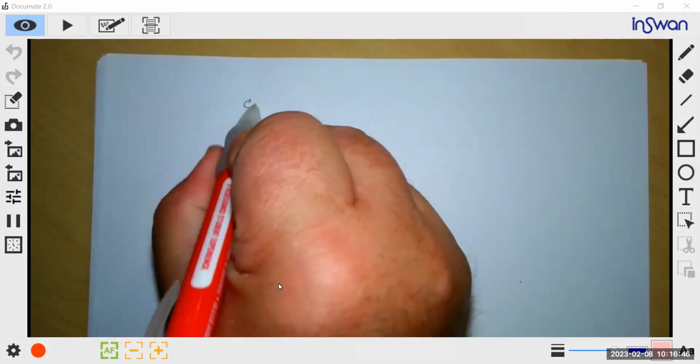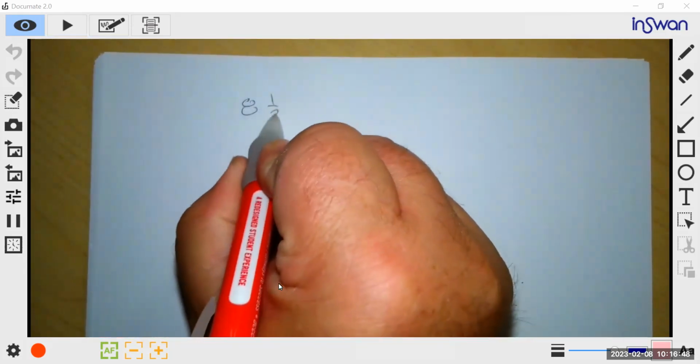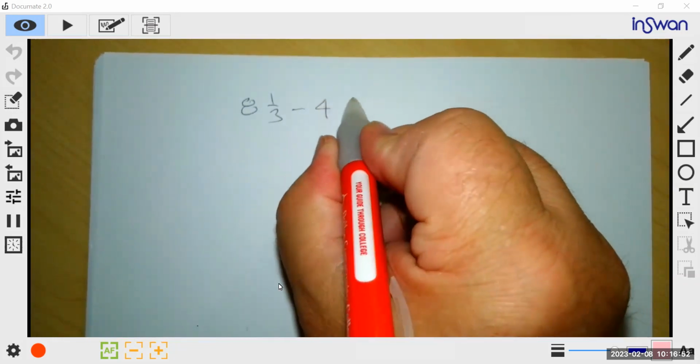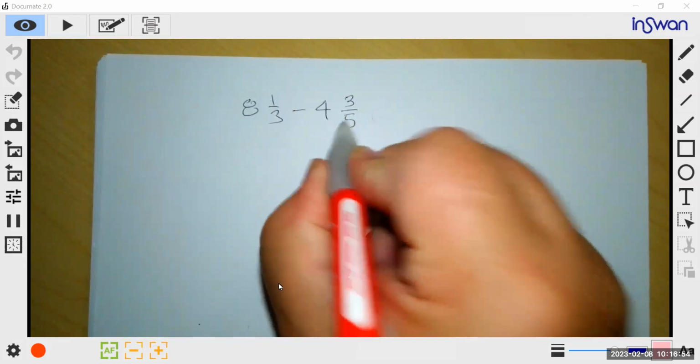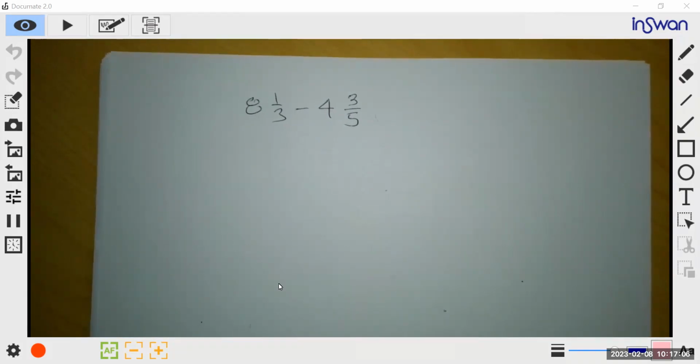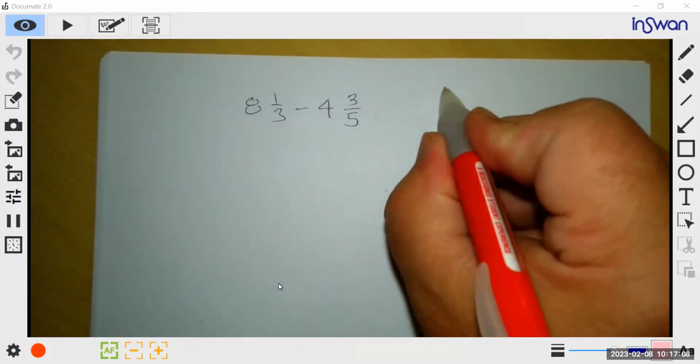So we have 8 1/3 minus 4 3/5. Here's our estimate.